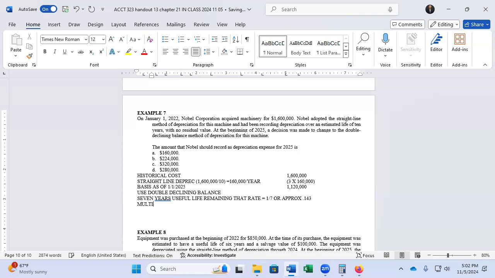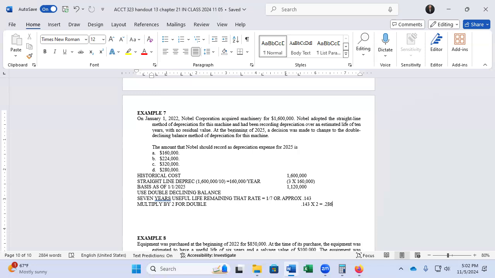So we multiply by 2 for double. And so 0.143 times 2 equals 0.286. Trying to read my own writing here.